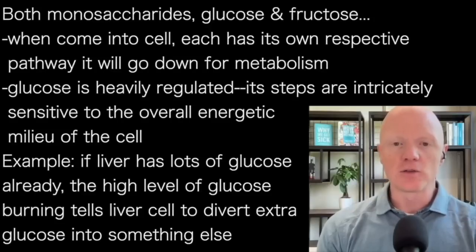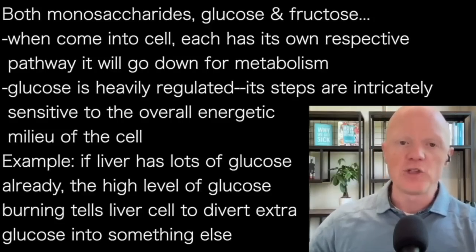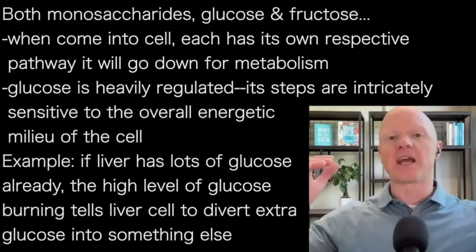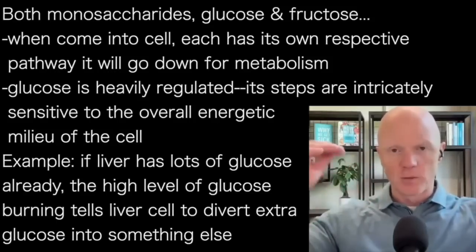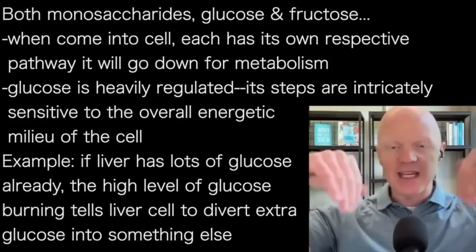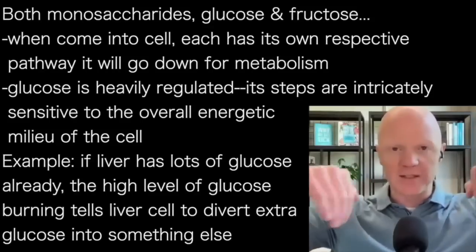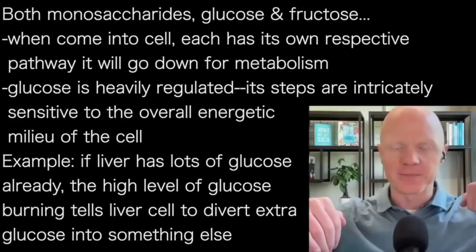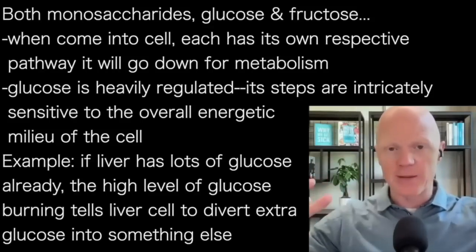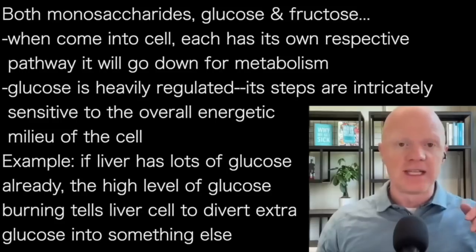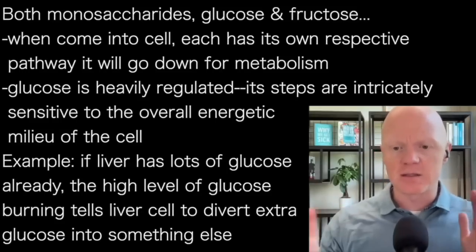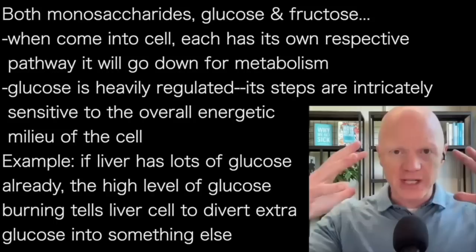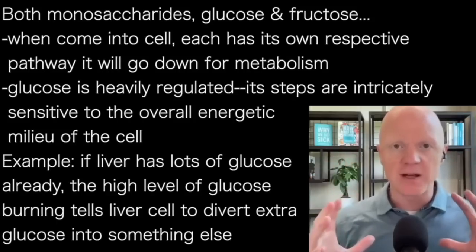So unlike glucose, when you have these monosaccharides, these simplest units of sugar, glucose and fructose, when they come into a cell, they each have their own respective pathway that they're going to go down. Glucose metabolism is heavily regulated. These steps are intricately sensitive and responsive to the overall energetic milieu of the cell.